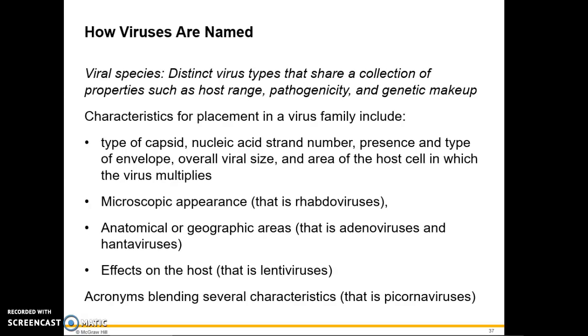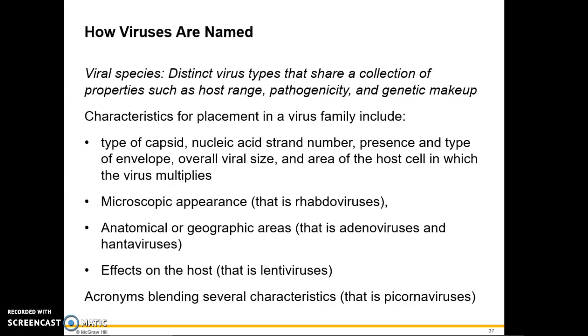So the characteristics for inclusion within a virus family include the type of capsid that they have, the number of nucleotides in a nucleic acid strand, the presence or lack of and type of envelope, the overall size of the virus, and the area of the host cell that the virus multiplies in.